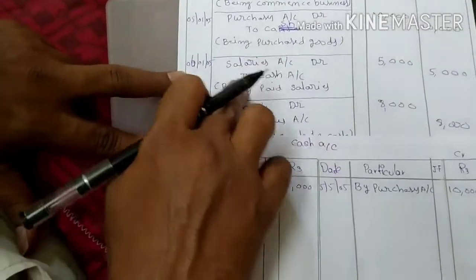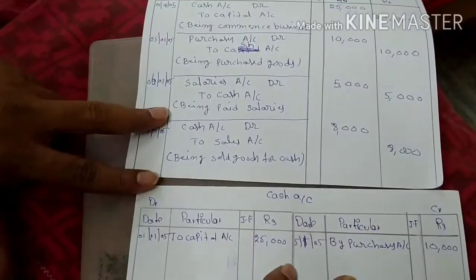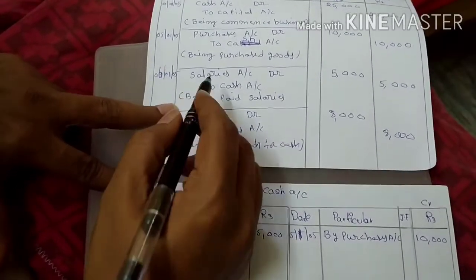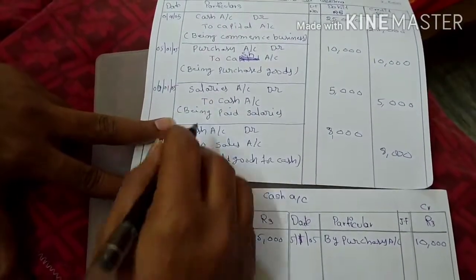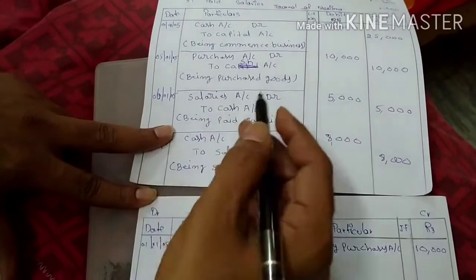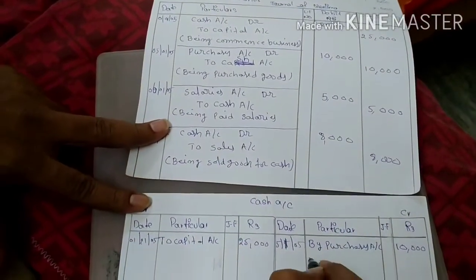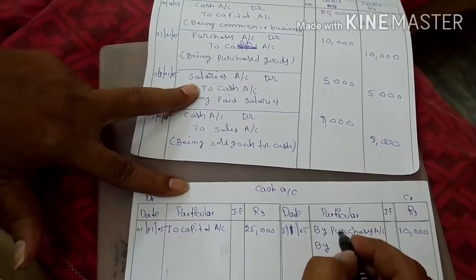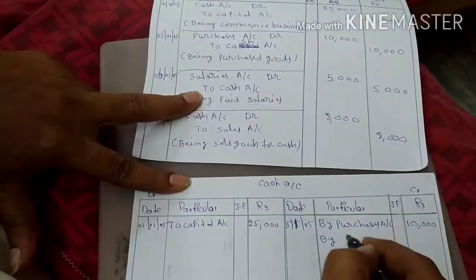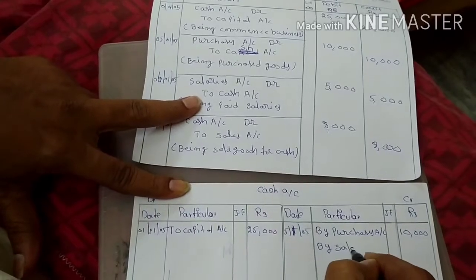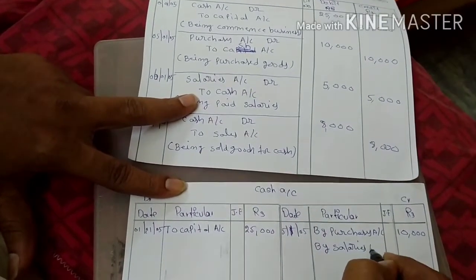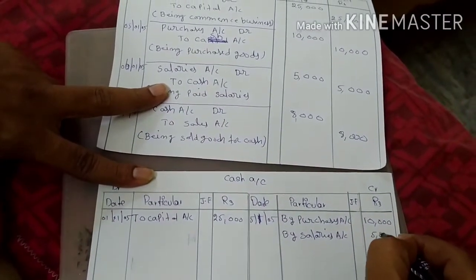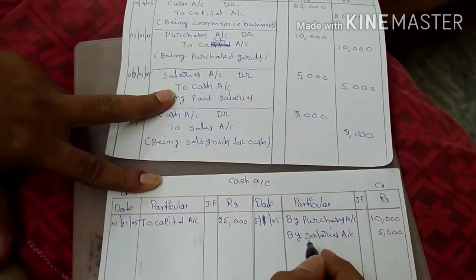Next, in the third transaction, cash is also there, on the credit side, so we write by salaries account, amount 5,000 rupees.